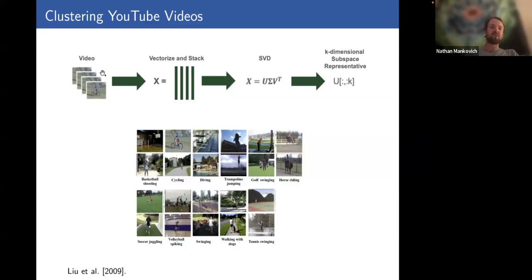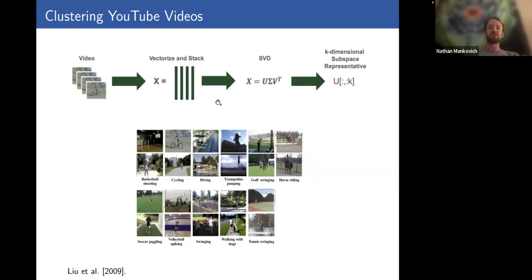The way we translate a video to a subspace is we vectorize and stack each frame. We compute the SVD of the matrix, and then we look at the first few left singular vectors. So what we're looking at is the span of the columns of this vectorized matrix, the span of the video over time.